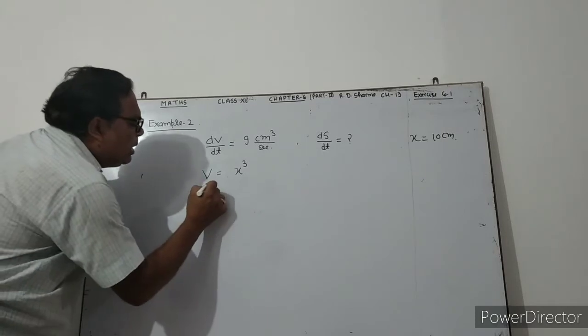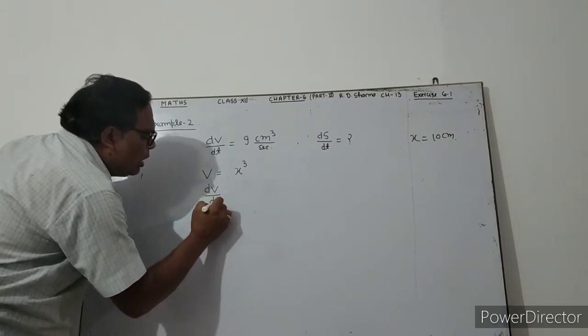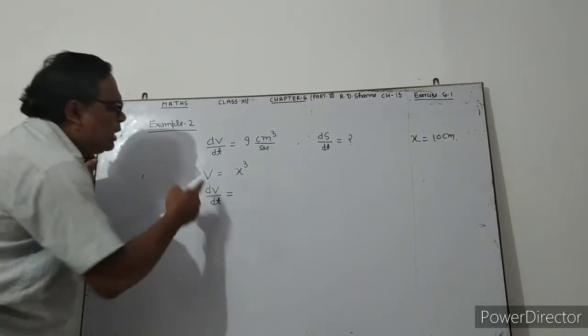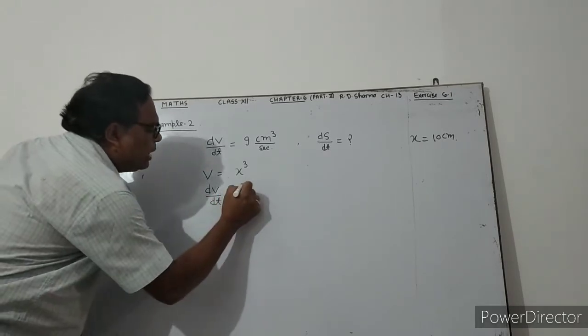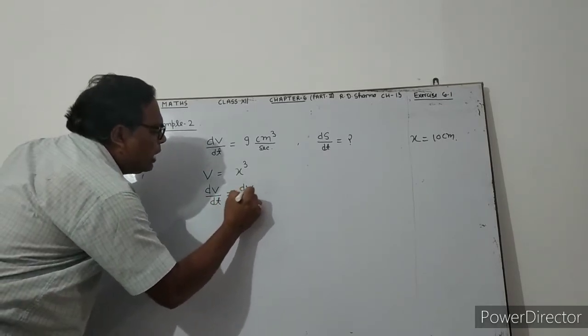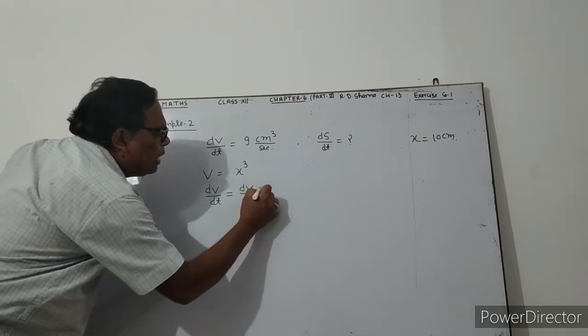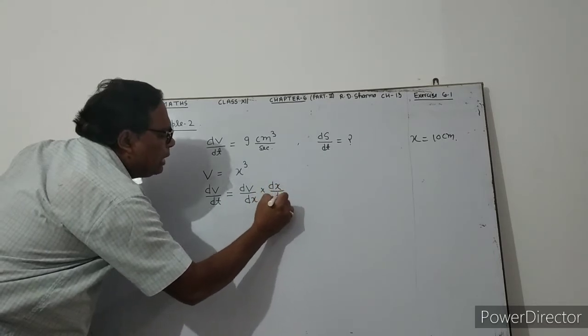Now, what is the value of dV upon dt? V is the function of x, then dV upon dt is dV upon dx into dx upon dt.